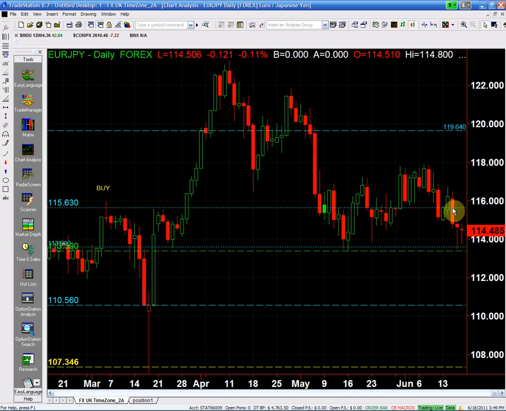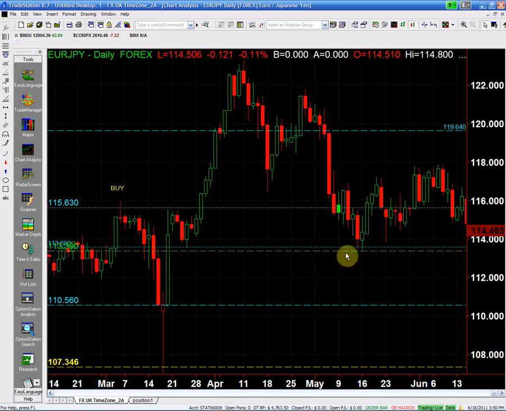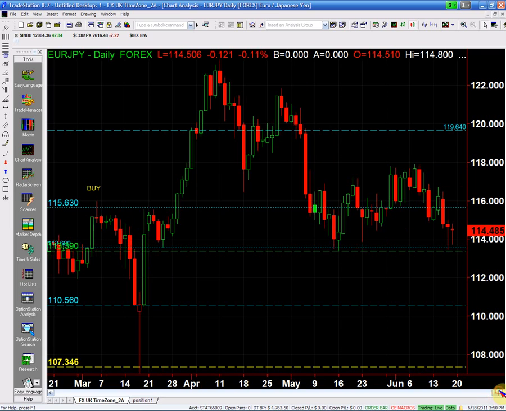You took it all the way to the other structure point, which is 113.60. We have two structure points, 113.60 and 113.39.